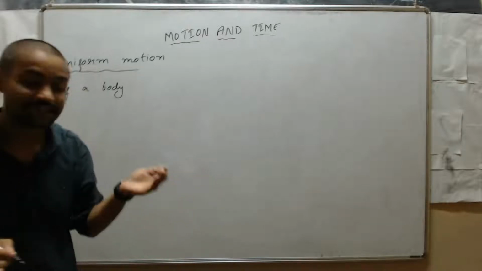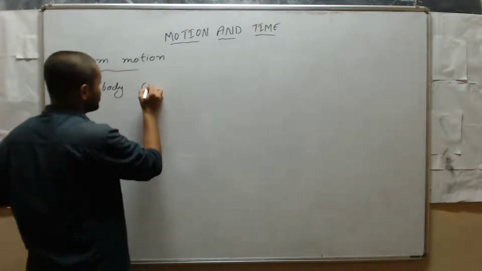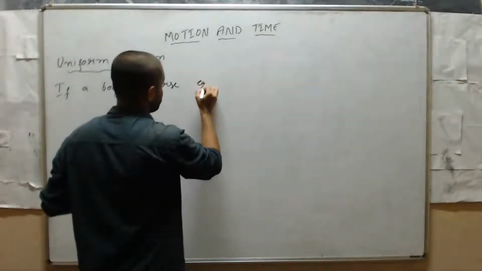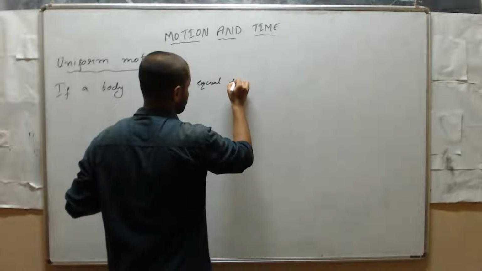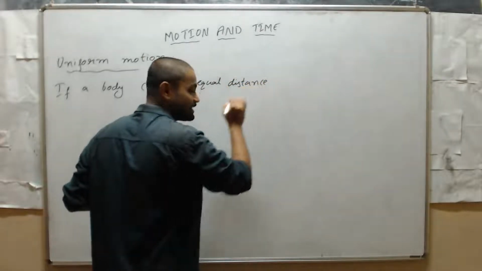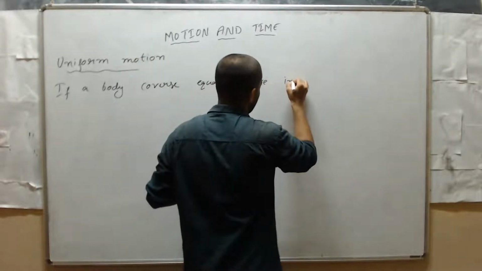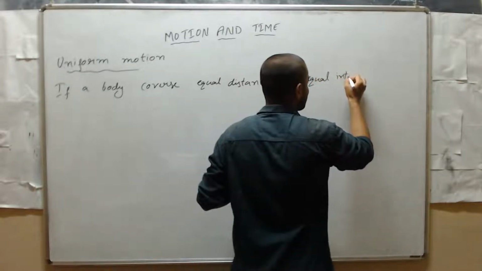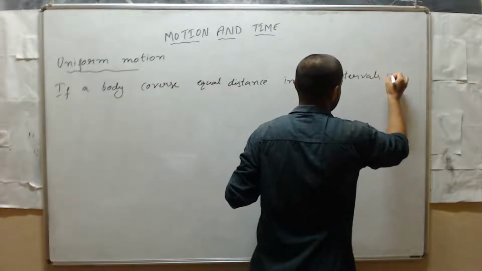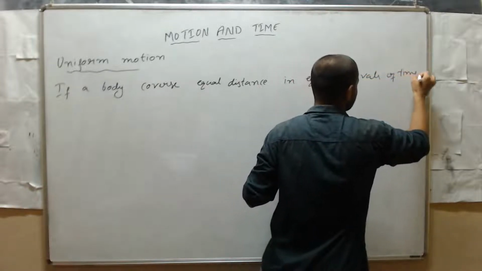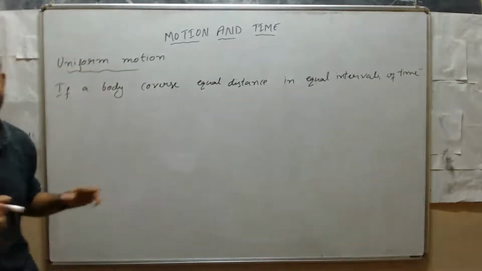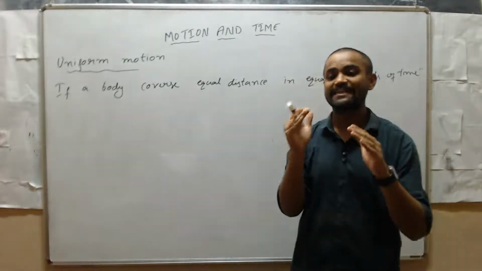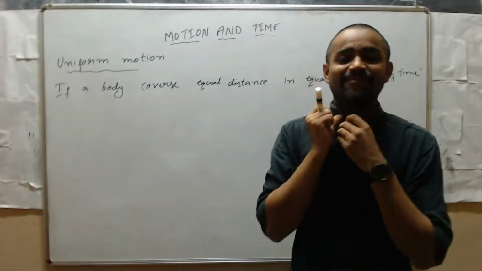If a body covers equal distance in equal intervals of time, students. This is the general definition of uniform motion.